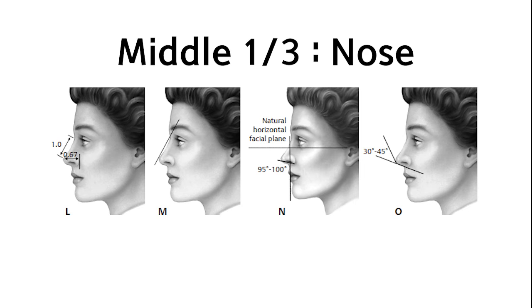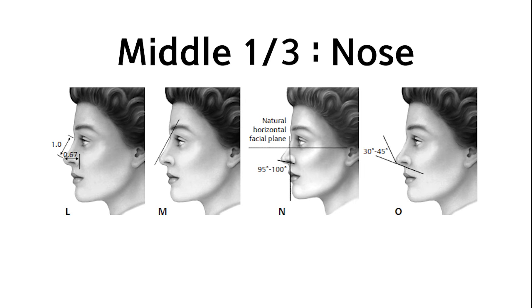Regarding the nasal tip rotation, this is determined by the degree of the nasolabial angle. Draw a straight line through the most anterior and posterior points of the nostrils on lateral view; where this bisects with a perpendicular line to the natural horizontal facial plane is the nasolabial angle.